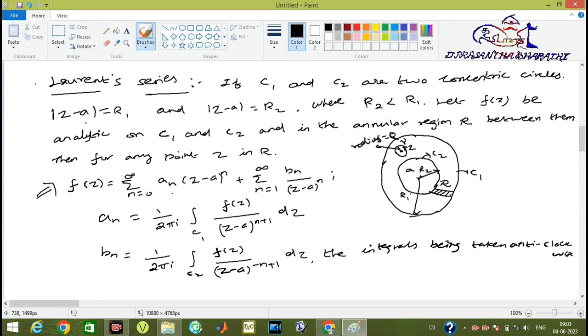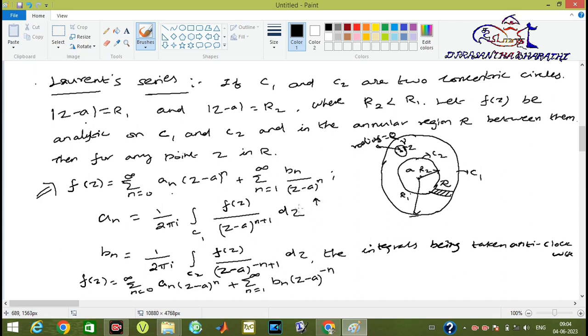So I can write f of z as summation n equal to 0 to infinity an into z minus a whole power n, plus summation n equal to 1 to infinity bn into z minus a whole power minus n.